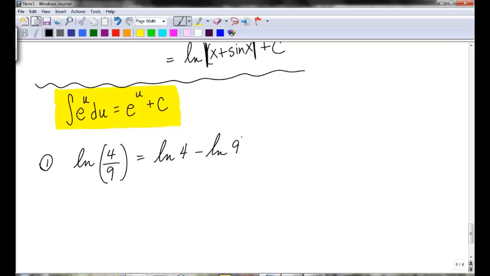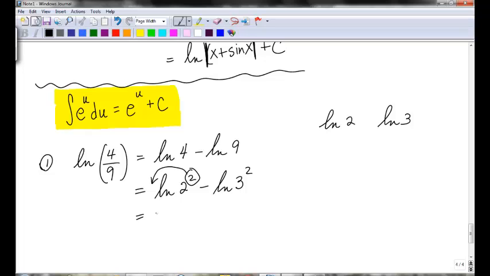They want you to get it down to natural log of 2 and natural log of 3. Well, 4 is the same as 2 times 2, or 2 squared. Natural log of 9, I can write that as 3 squared. The third law of logarithms says this exponent goes out front. So it'd be 2 times the natural log of 2, minus 2 times the natural log of 3.